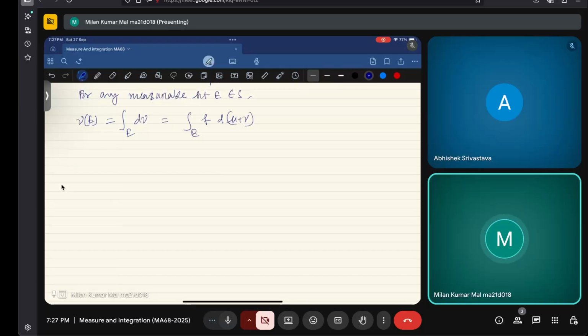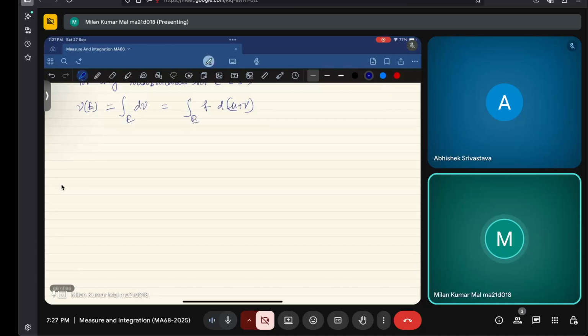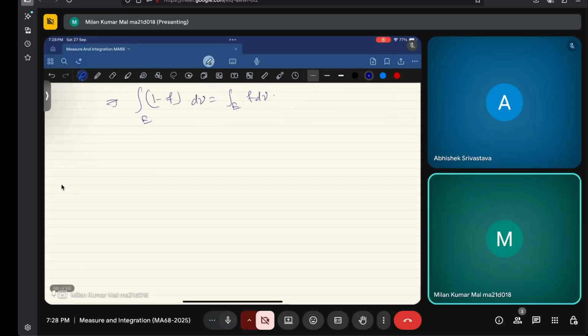This is the definition of the Radon-Nikodym derivative. This gives the integration of f d mu plus the integration over E of f d nu. Okay, that says (1 minus f) integrated over E d nu is equal to the integration over E of f d mu. Okay.